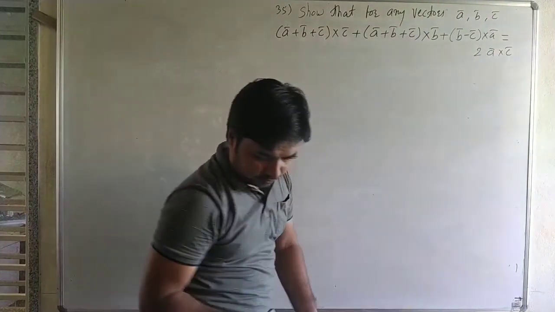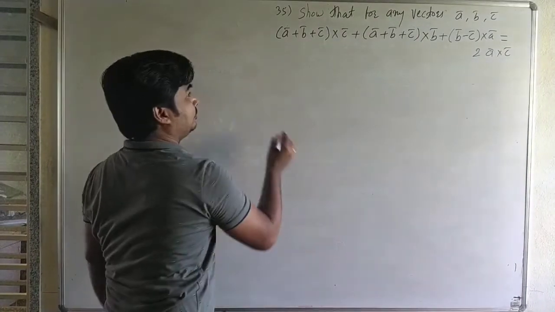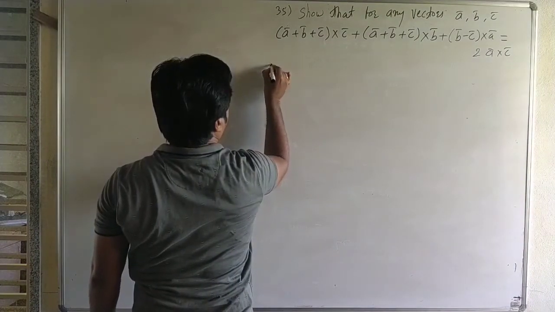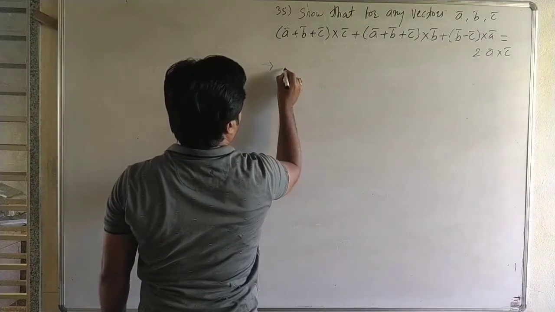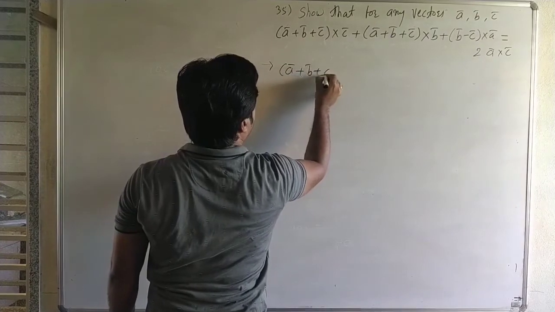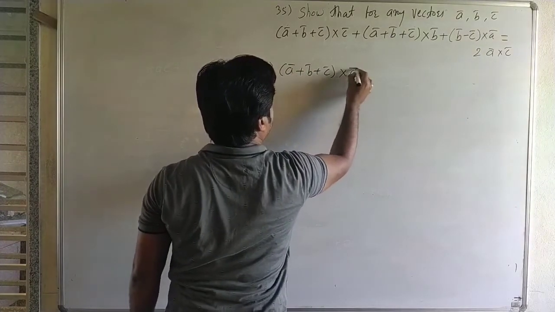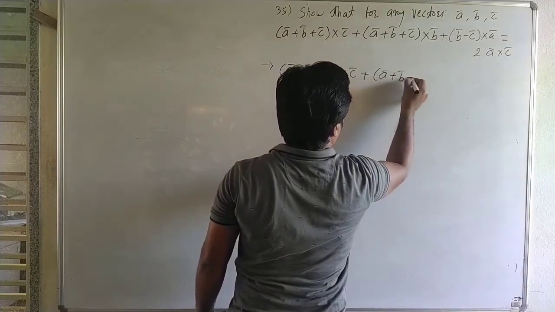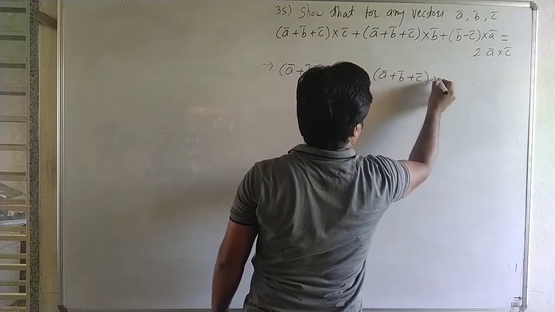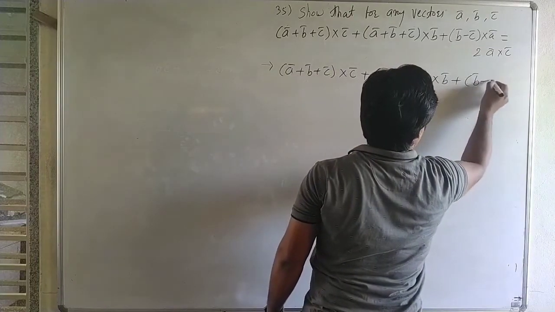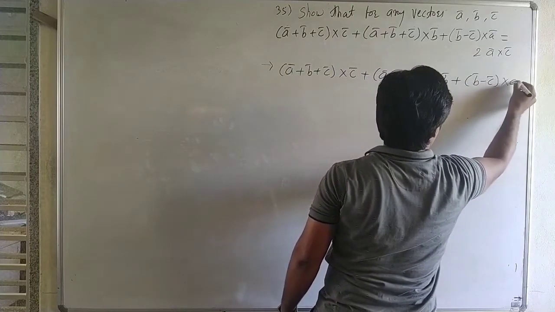Okay, here, therefore, given it is (A bar plus B bar plus C bar) cross C bar plus (A bar plus B bar plus C bar) cross B bar plus (B bar minus C bar) cross A bar.